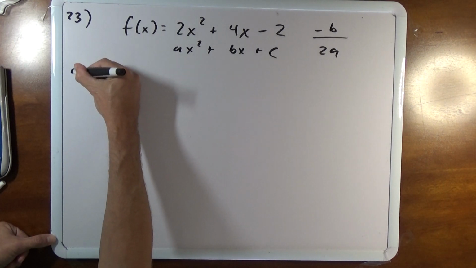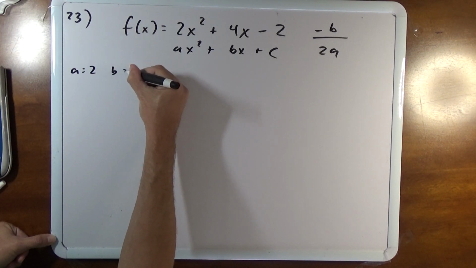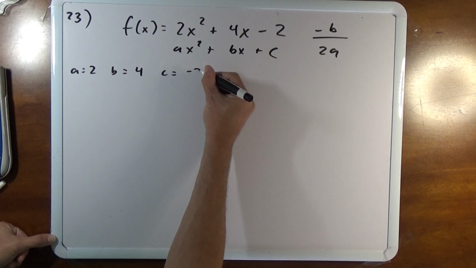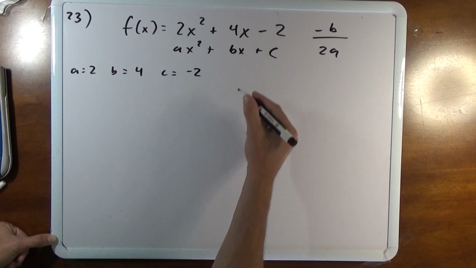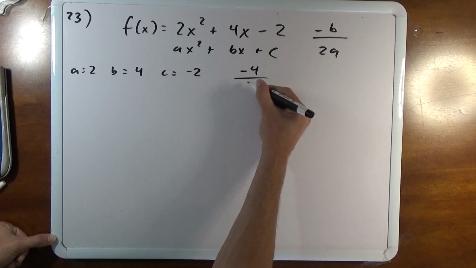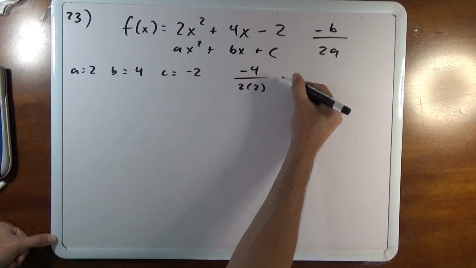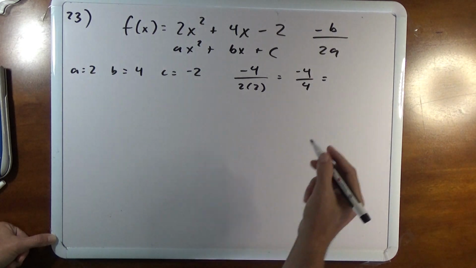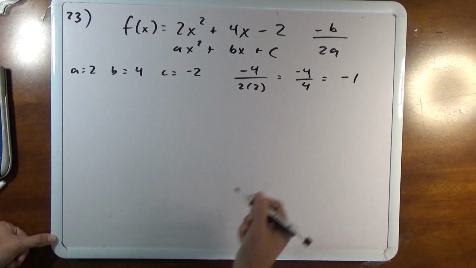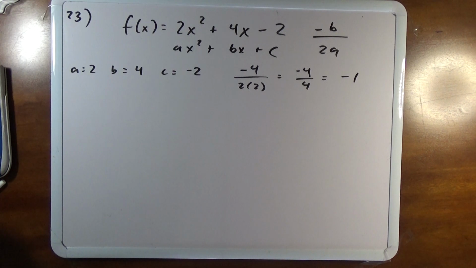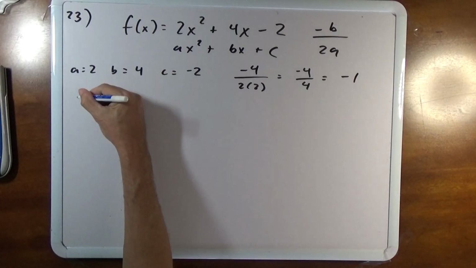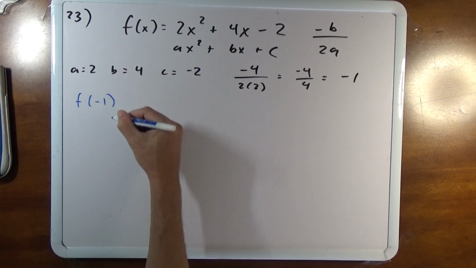In our case, a is equal to 2, b is equal to 4, c is equal to negative 2. So the opposite of b over 2a is negative 4 over 2 times 2, negative 4 over 4, or negative 1. Then I'll put negative 1 in for x back into our function. What is f of negative 1?